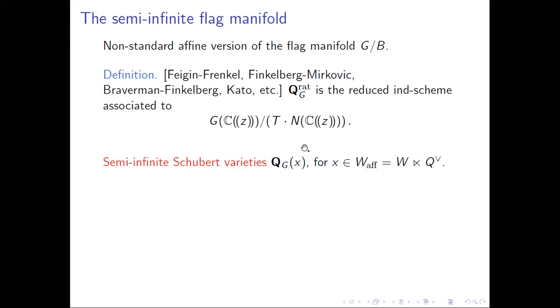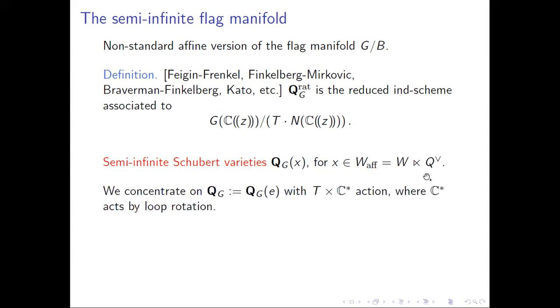And here we have Schubert varieties as well, denoted by QG of x. So the Schubert varieties are indexed by elements of the affine Weyl group, which you look at as the semi-direct product of the finite Weyl group with the coroot lattice. And we concentrate on the Schubert cell corresponding to the identity.